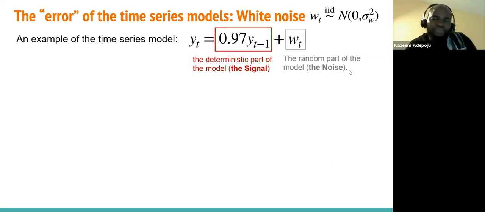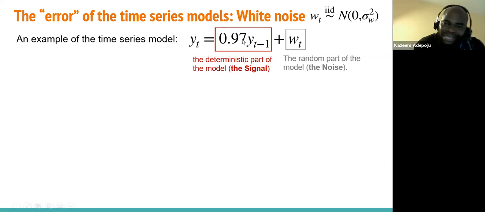We are always going to have a model with a systematic part that we call the deterministic part, and we're always going to have a random part. And the random part is what we call the noise.